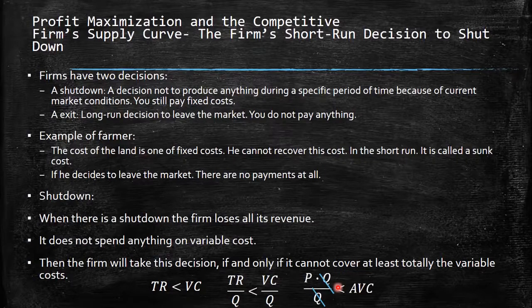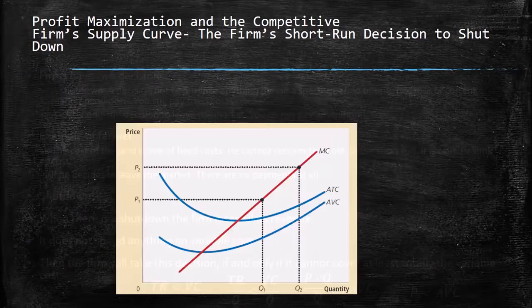Remember, total revenue we define as the price times the quantity, and over quantity, and here the variable cost over Q is going to be the average variable cost. So here we discover a rule: when the price is smaller than the average variable cost, the firm decides to shut down.